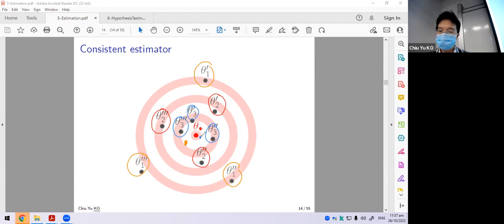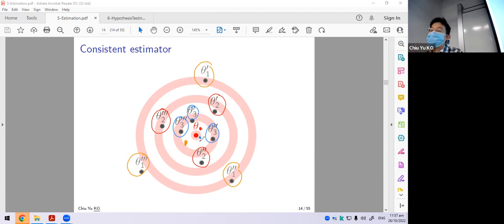Maybe somewhere here. Okay. So when you increase the sample size, you notice that they're getting closer and closer to theta, right? Even though each time is different from theta, okay? And you can imagine, I don't draw it, but when the sample size increases, at the end, it will shrink closer and closer to theta.